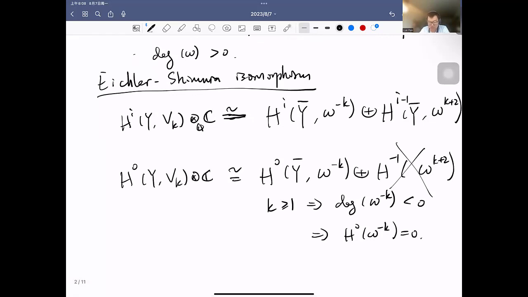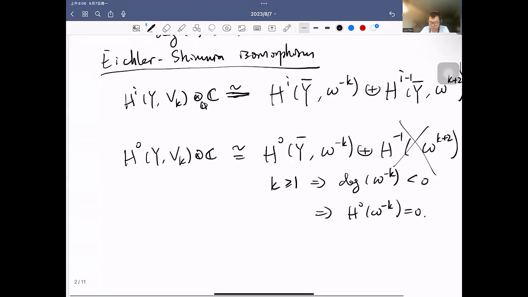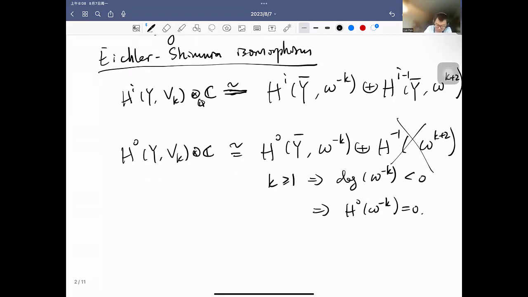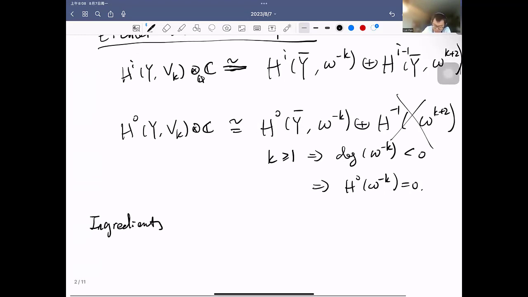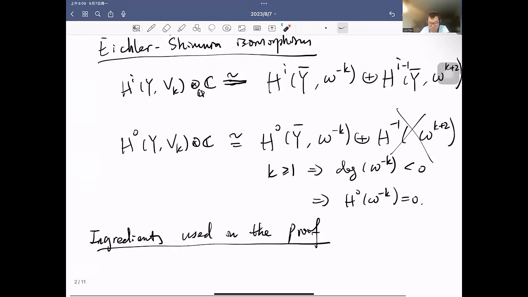Okay. So let me summarize the things used in this proof. Of course, first the starting point is this isomorphism. One way to think about this is that it's really coming from Hodge theory.